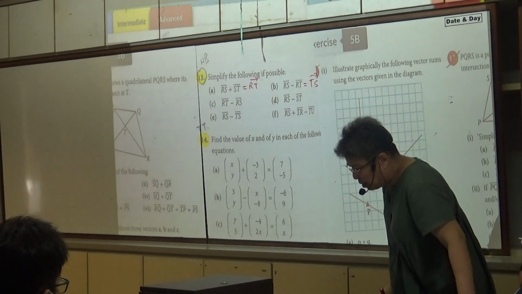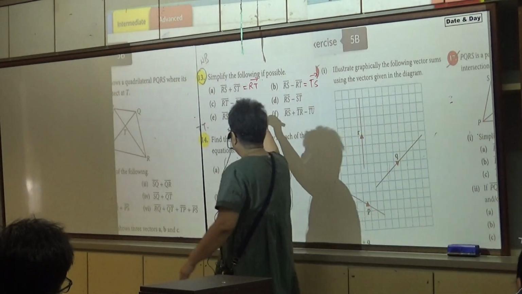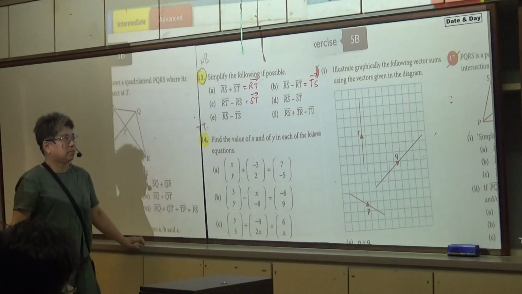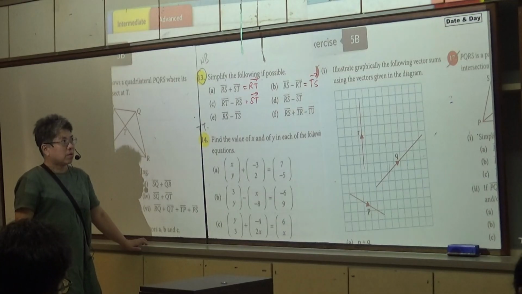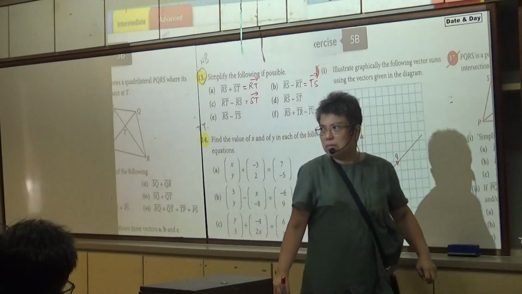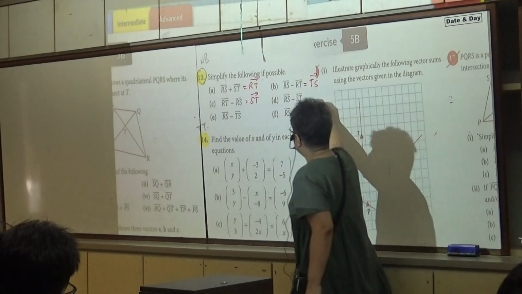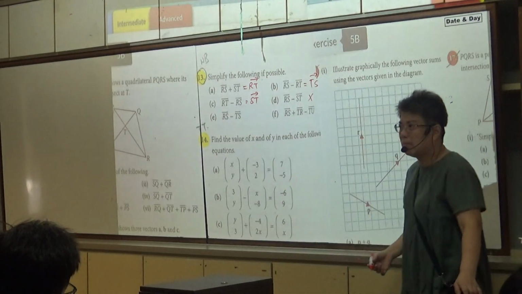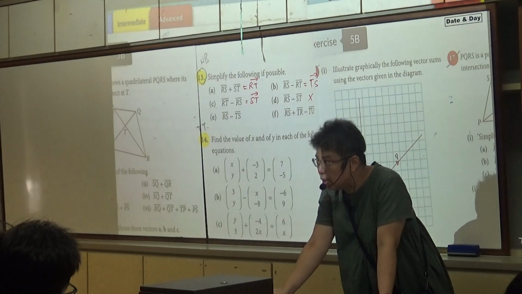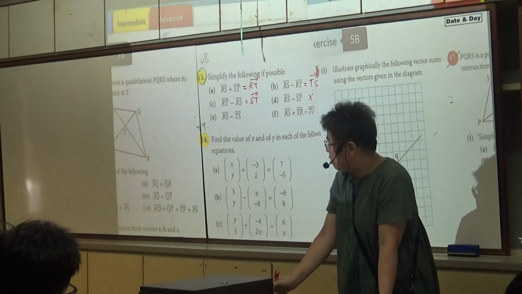Okay. Next one, Edwin. ST. Very good. Okay. Can part D be done? Cannot be done. This one cannot be done because you cannot simplify it further. Understand? And there are no common points.